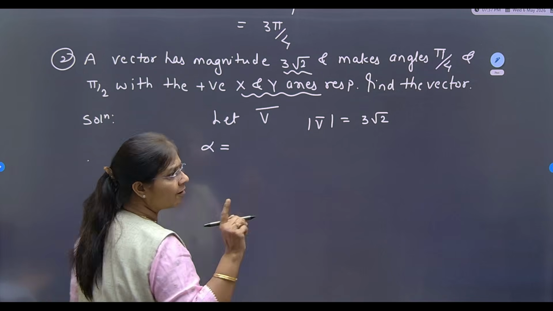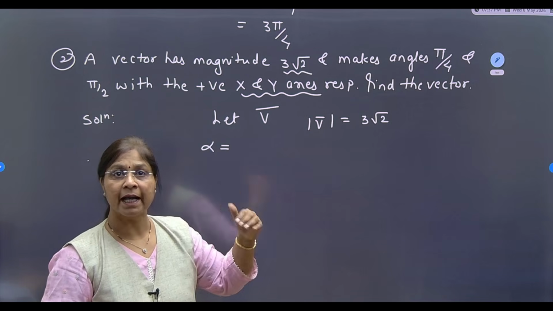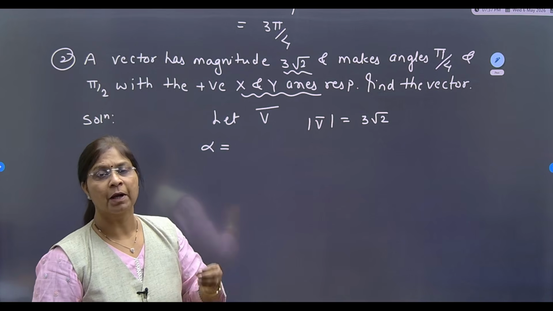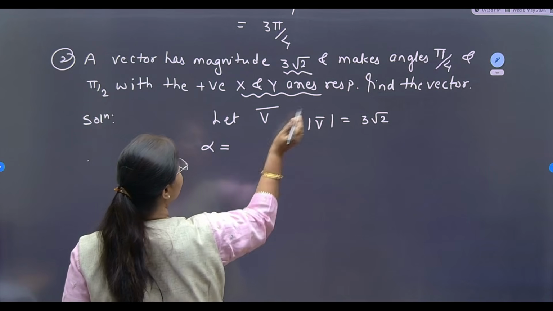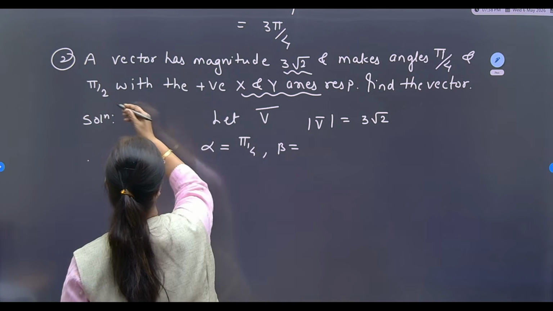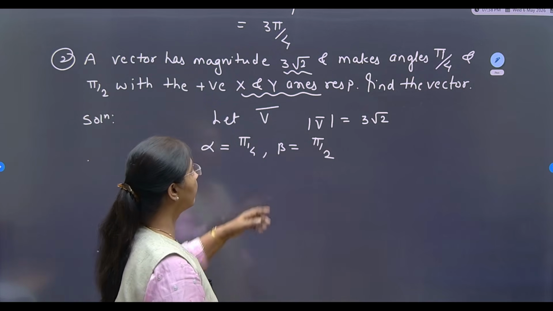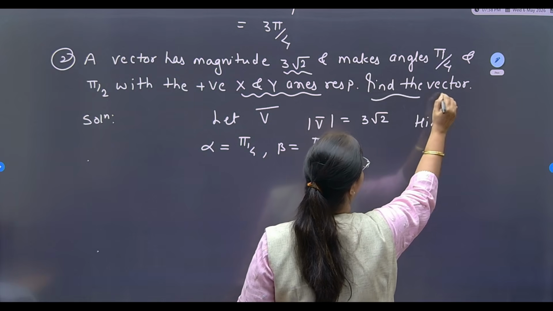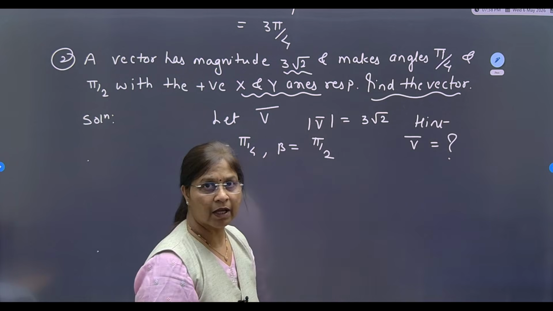We know that alpha, beta, gamma are called direction angles made by the vector with respect to the positive direction of the x, y, z axes respectively. Therefore, alpha is equal to pi by 4 and beta is equal to pi by 2. Question: find the vector. Then our hint is to find the required vector. The required vector is our supposition, V bar.